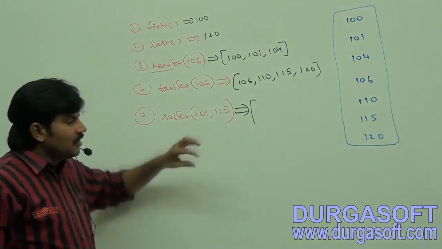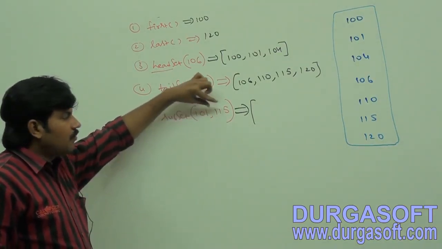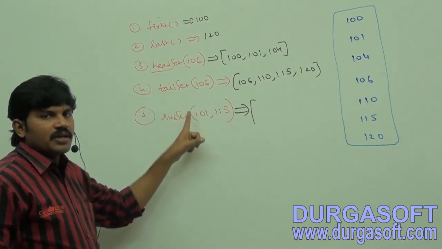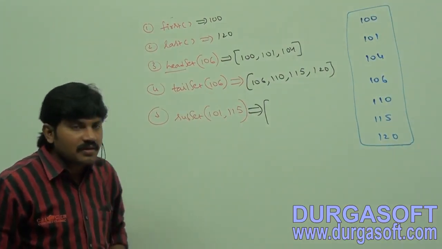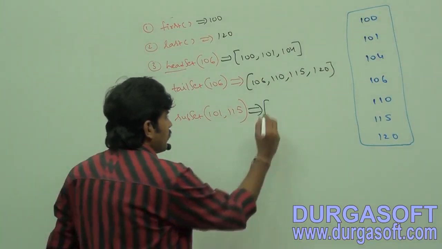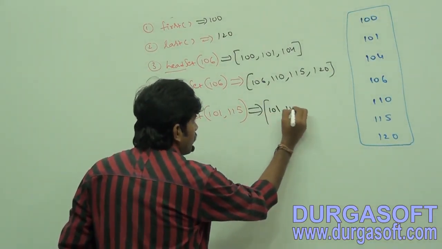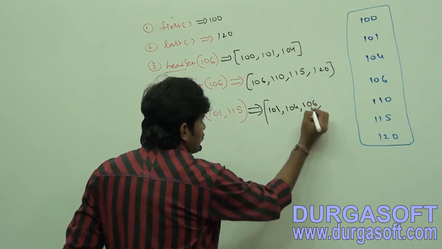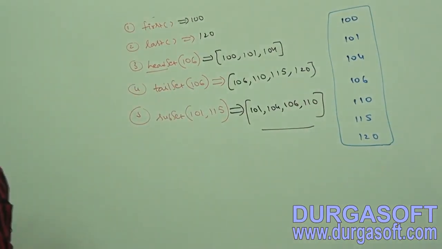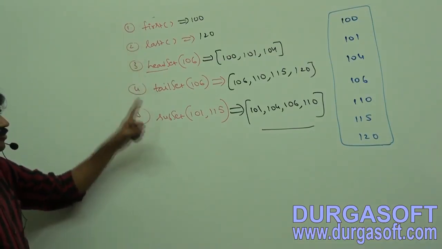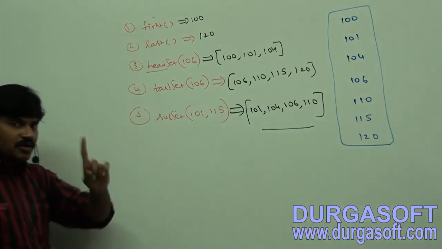Observe the end condition: inclusive of the first element but exclusive of the last. What is the answer? 101, 104, 106, 110. That's all. These are the 5 specific methods we can apply on a sorted set.